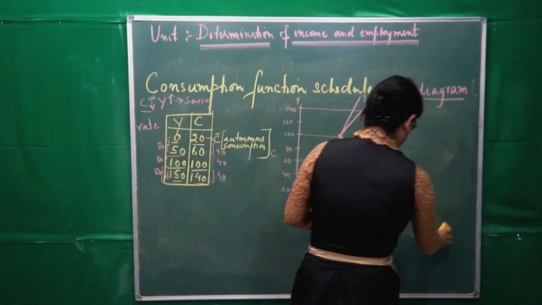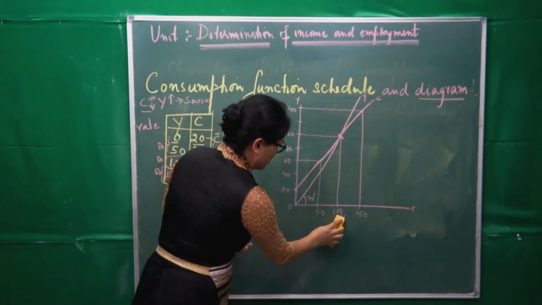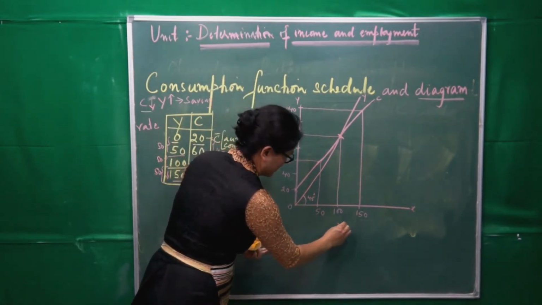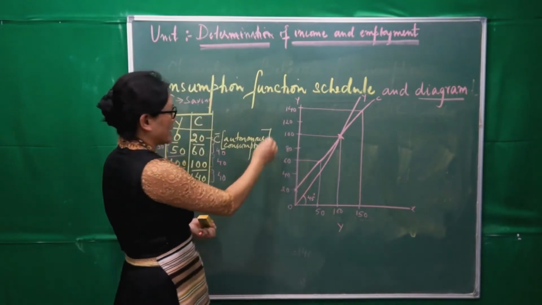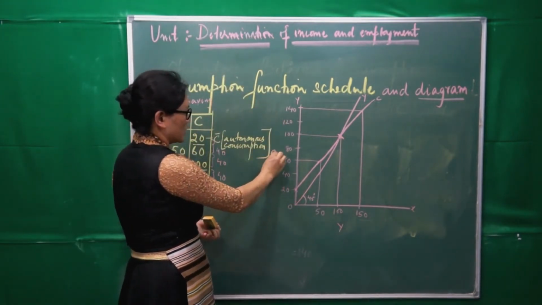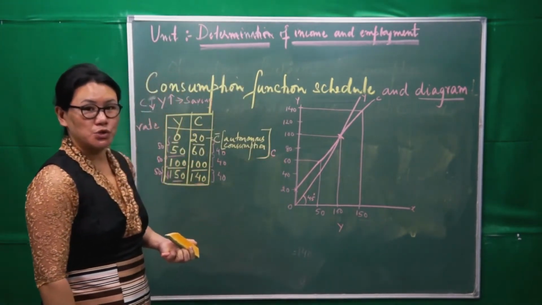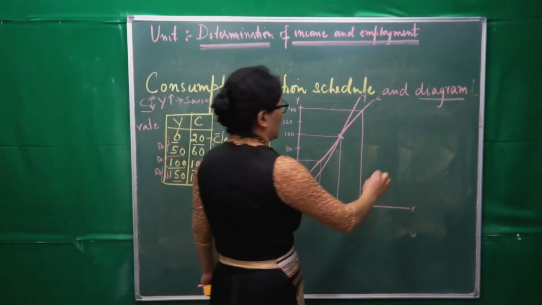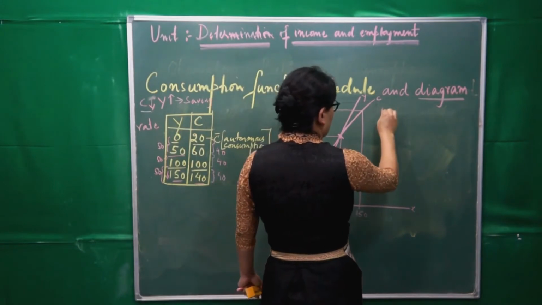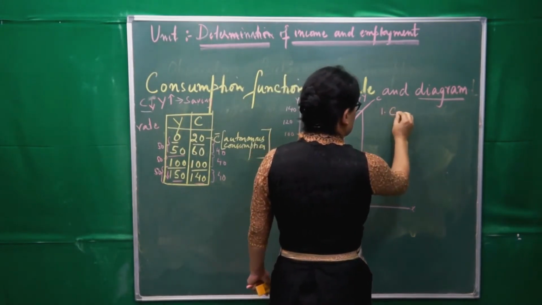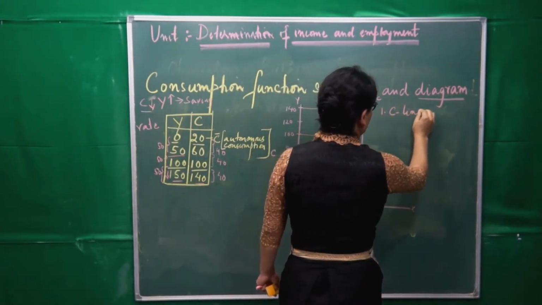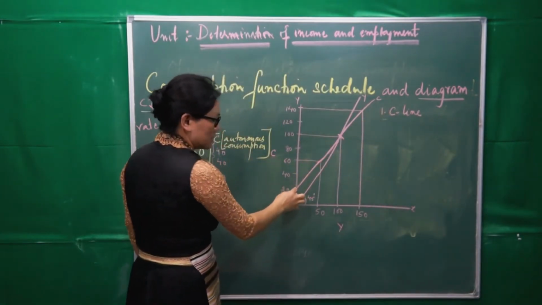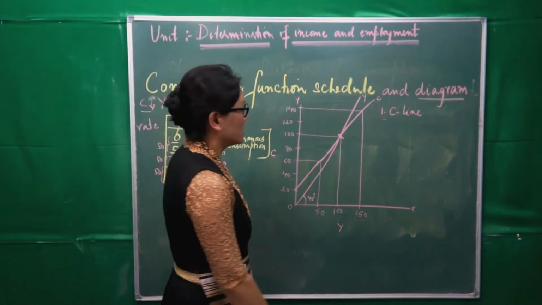On the x-axis, we have taken Y, and on the y-axis consumption is shown. All right? Now, the C line. So we can say this is the consumption line. All right. So C line, consumption line.